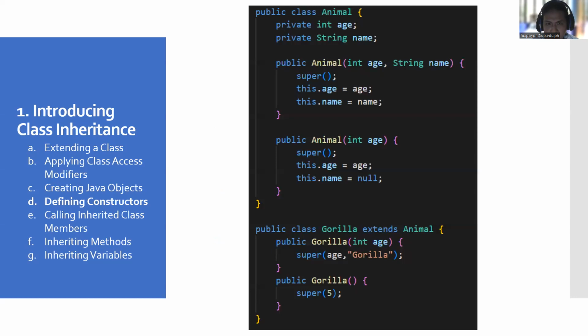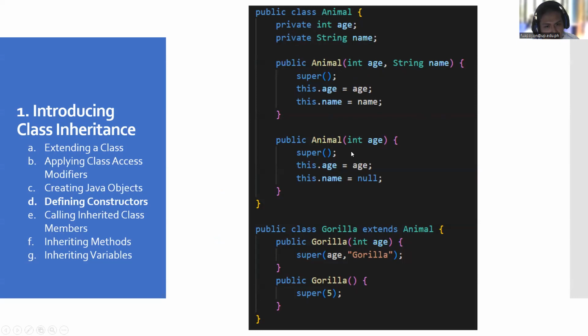We'll see more of the examples later. So for example, we have here public class Animal. We have your int age and your String name. So these are both private now. Your Animal here has two constructors. One public Animal requires two parameters, and the other one requires only the age.